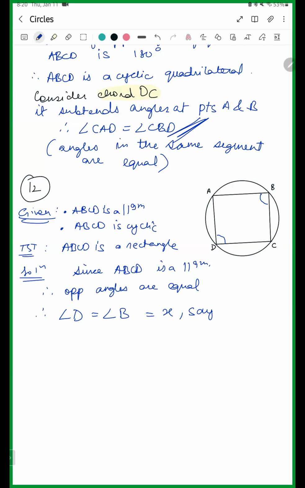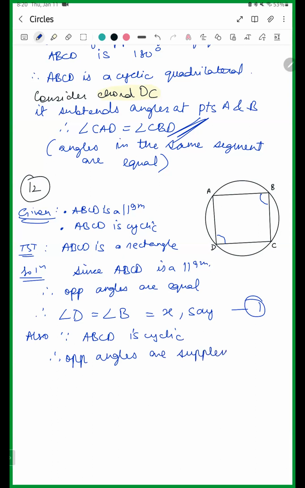Also, since ABCD is cyclic, which is given in the question, what is the speciality of cyclic quadrilaterals? Opposite angles are supplementary. Therefore, angle D plus angle B will be equal to 180 degrees.